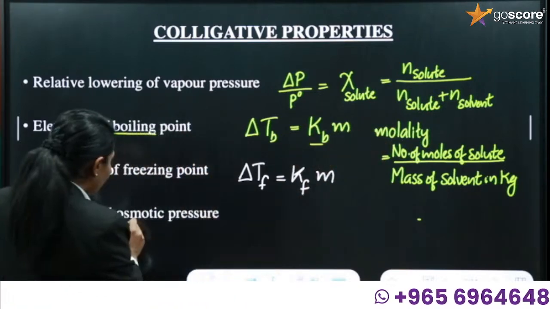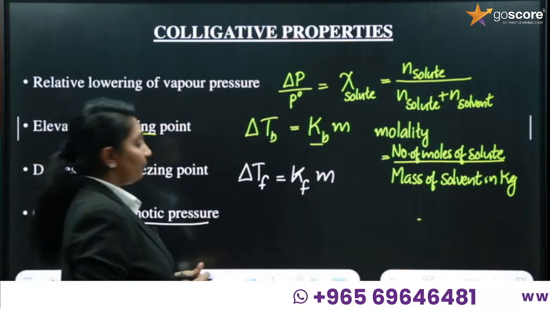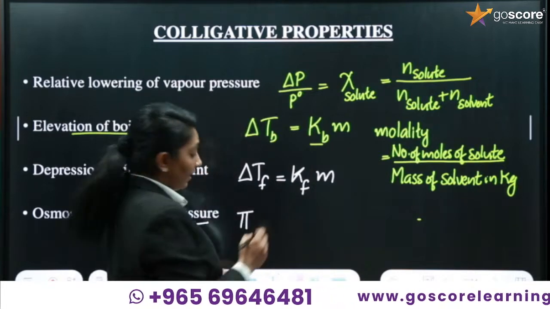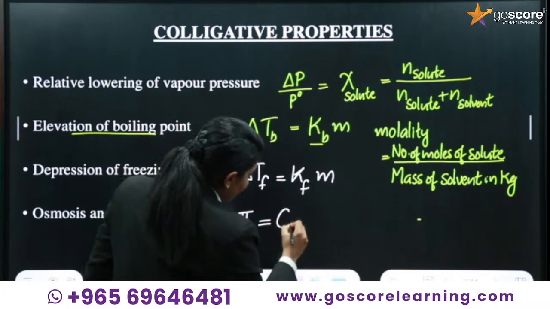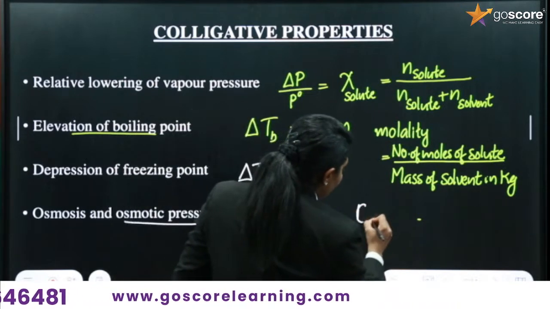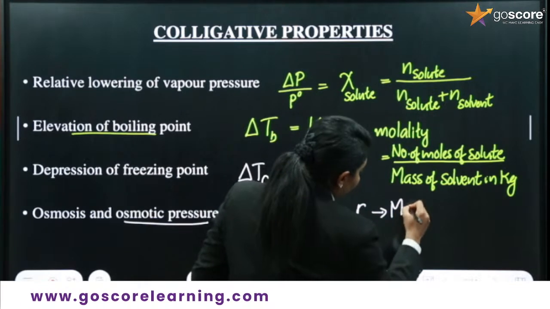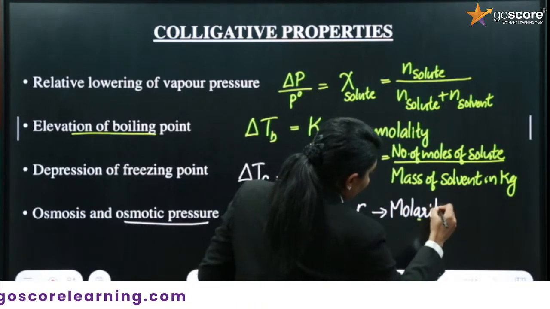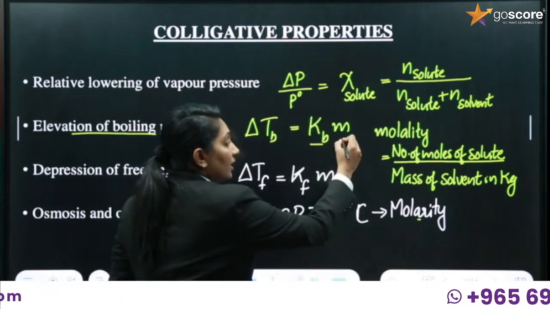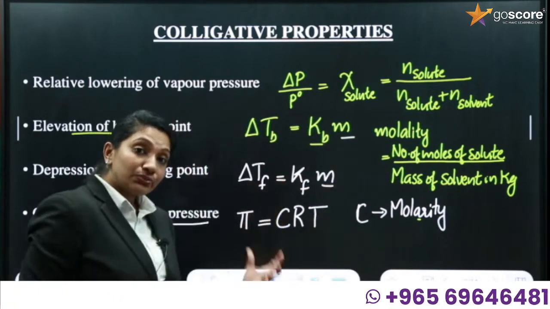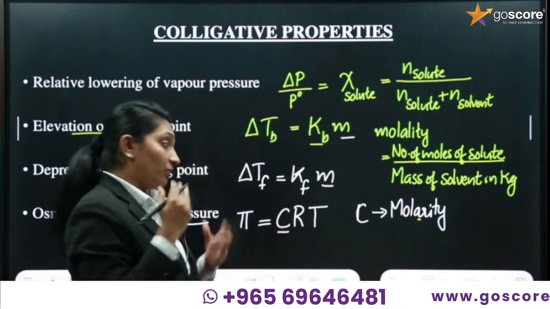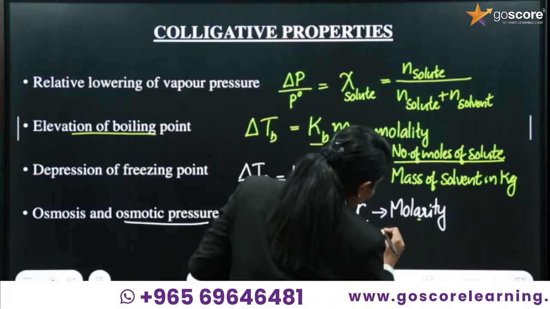And finally, about the osmotic pressure. Okay, so what is the expression for osmotic pressure? It is pi is equal to CRT, where C is nothing but the molarity. See, for elevation of boiling point and depression of freezing point, we are using the molality. And for osmotic pressure, here we are using molarity. What is the formula for molarity?